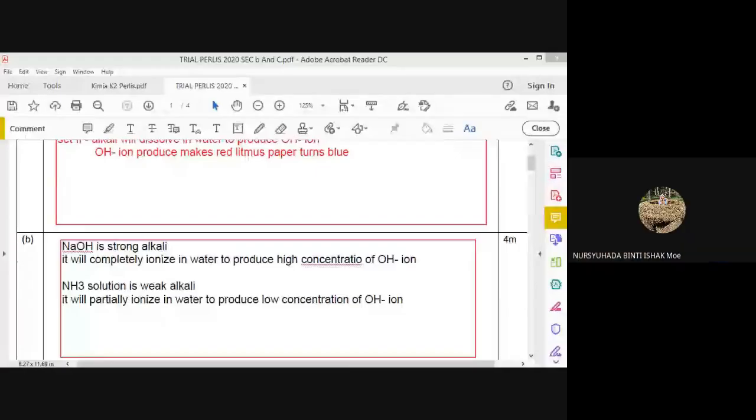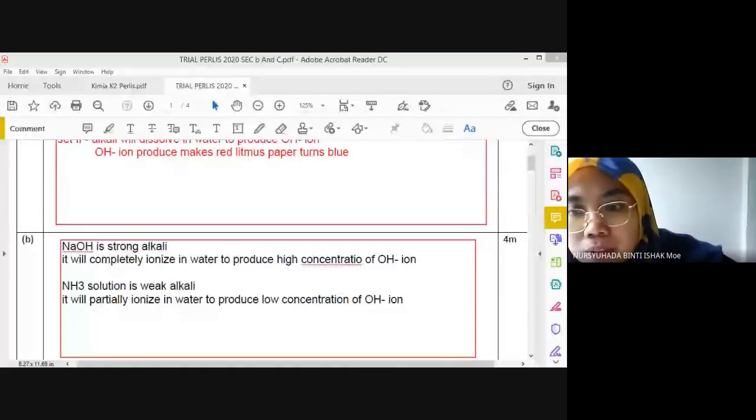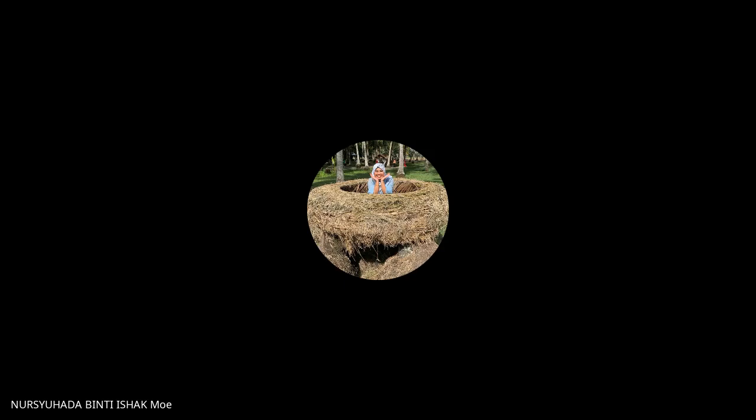Ke cikgu ni shot sendiri kat sini? Okey dah, semua dah nampak. Nampak tak sekarang? Mungkin line internet tak berapa cantik kot kat rumah cikgu ni. Okey, 4 markah. Cukup, tu sahaja. Oh, ala kita tinggal. Kamu kena kata kenapa? Sorry, internet not so good.